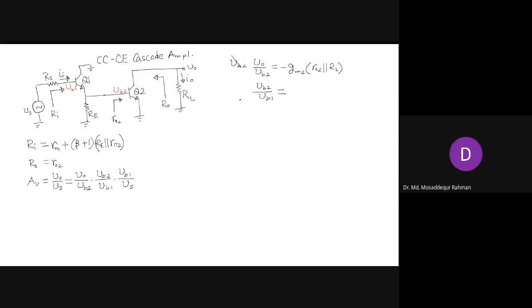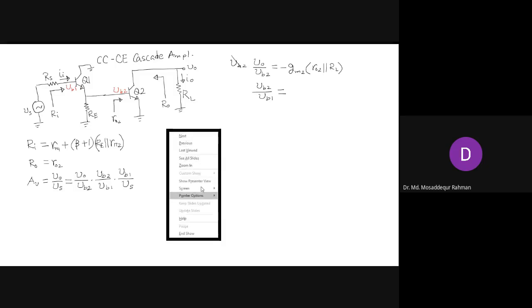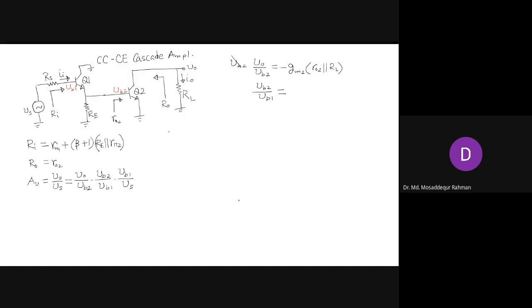Right. So now in this case, we have these two basically coming in parallel. If you look at the circuit, we can maybe show it like this. From this, the output side of the common collector is connected to the input of the common emitter. And if you draw what we know as the T model, on the emitter side of this T model, it will be like this.